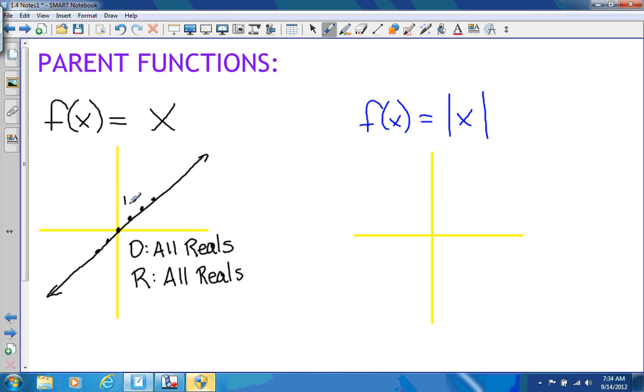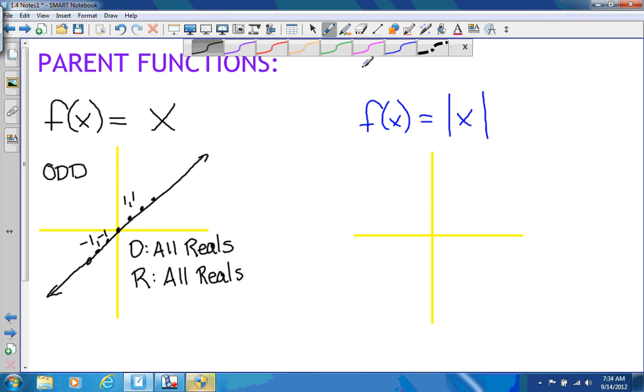And because you have 1, 1, and negative 1, negative 1, and also 2, 2, negative 2, negative 2, and 3, 3, negative 3, negative 3, this is an odd function, because you can spin it about the origin, or for every x, y, there's a negative x, negative y.